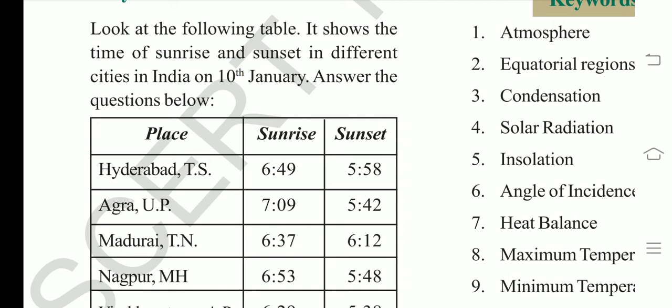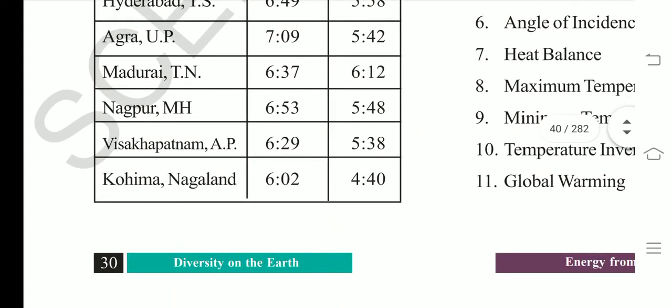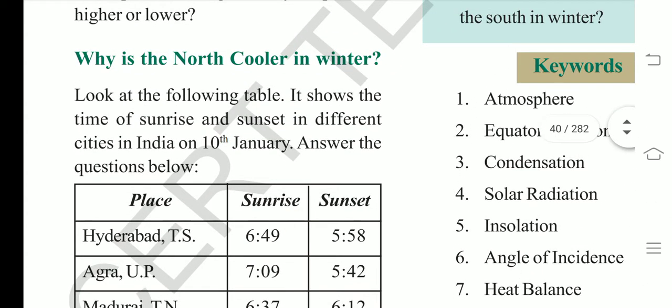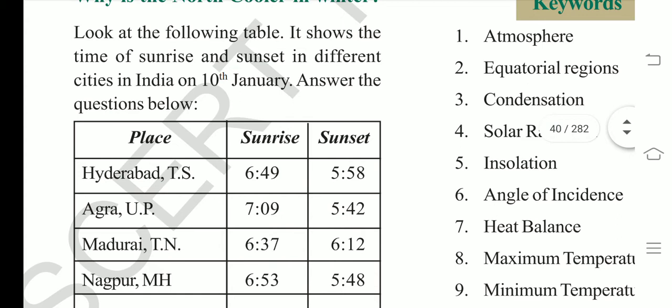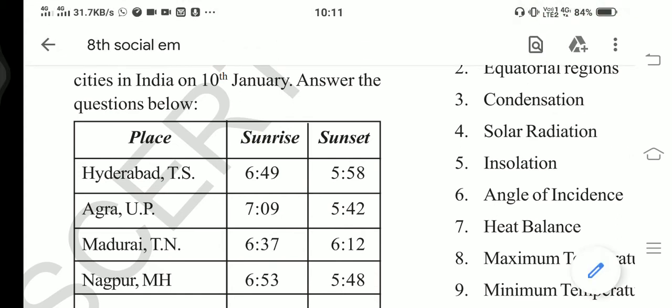You are asked to write answers to some questions asked below this. See here: at Hyderabad the sun rises at 6 hours 49 minutes and sets in the evening at 5 hours 58 minutes. Like that it is given.